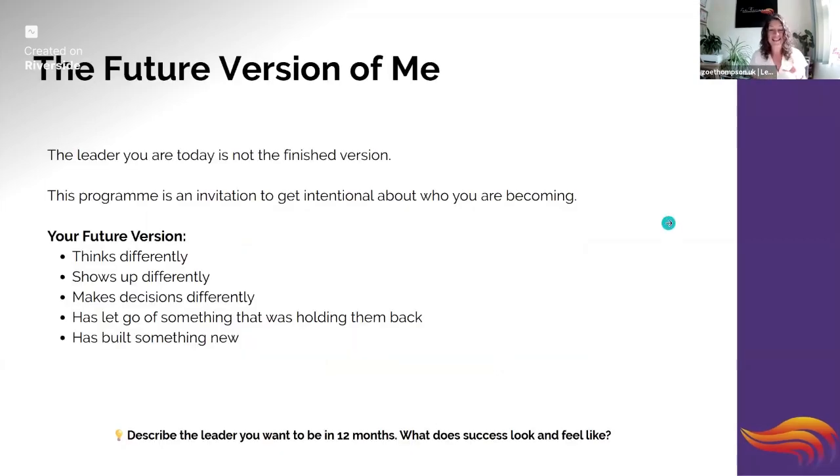We've looked at this in several different ways for this workshop. The leader you are today is not the finished version, not by any means. There, in my opinion, isn't an end to the evolution of a leader. And in my experience, the leaders who are the best possible leaders are always evolving.